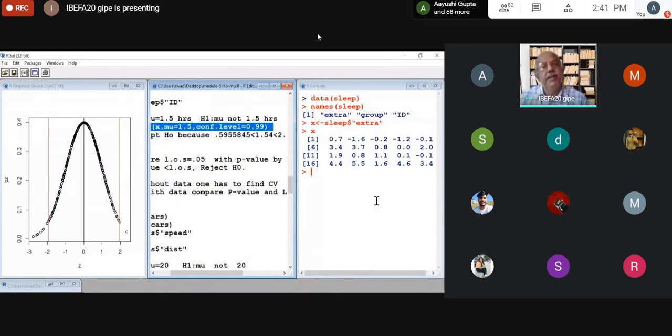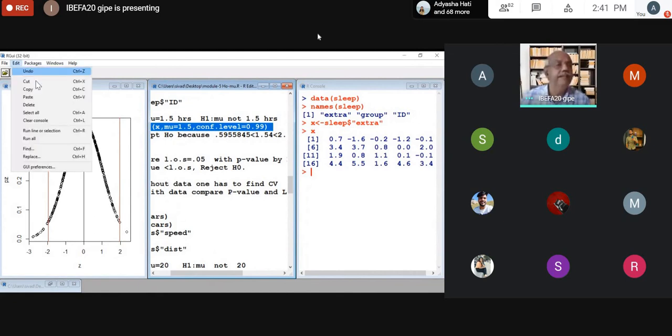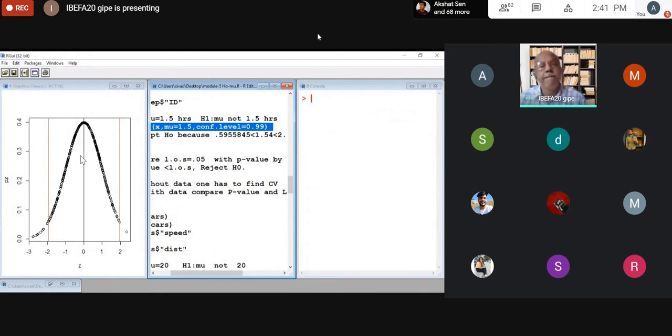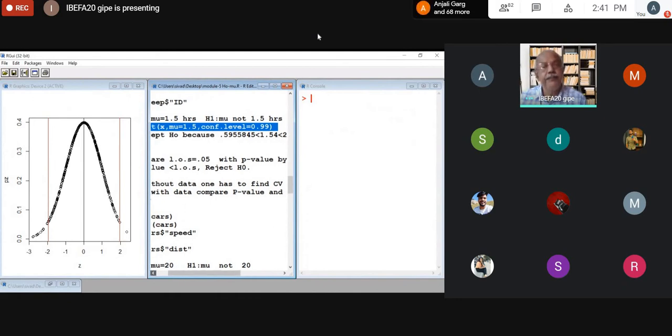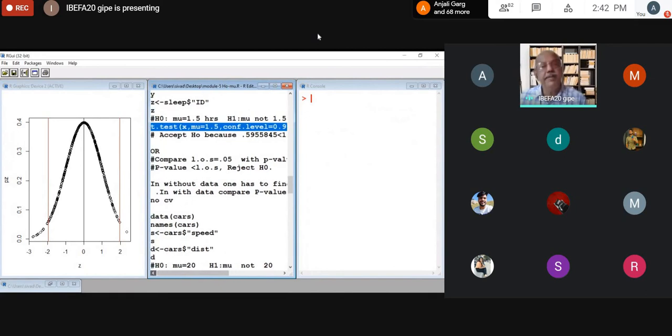Say a 1% level of significance is given, so the confidence level is 99%. See the syntax. Test x represents sleeping time. Mu represents the hypothesis value 1.5. Confidence level is 1 minus alpha. Suppose I take 1%, my confidence level will be 0.99.